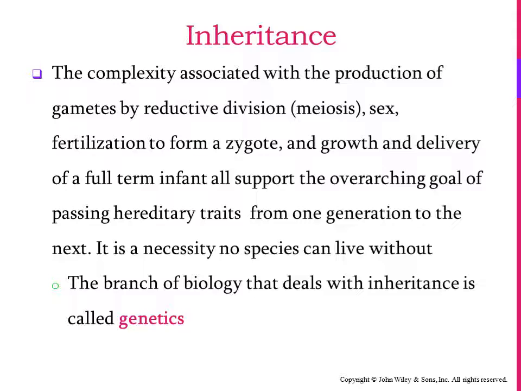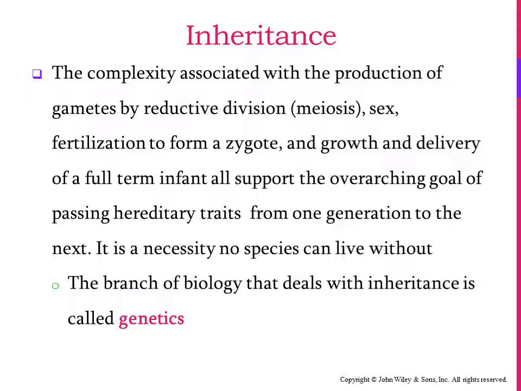The production of gametes we've looked at. It's quite complex, but also very well designed in terms of the separation of the chromosomes into haploid cells, so that half the chromosomes from the mother and half the chromosomes from the father can then unite to create a unique combination of genetic information that will define the characteristics of the new individual.